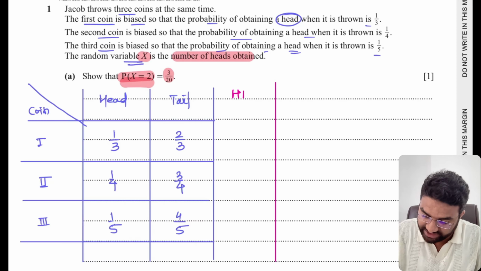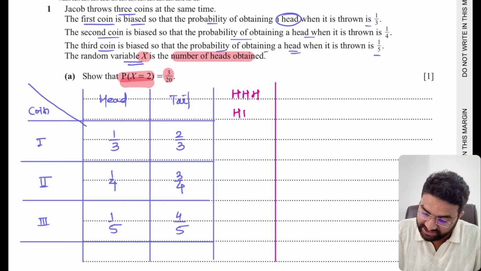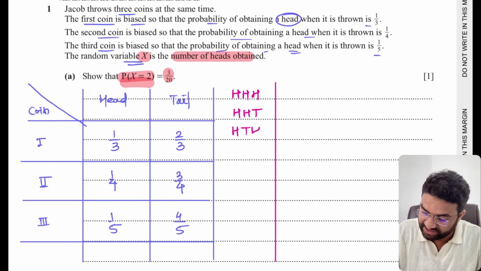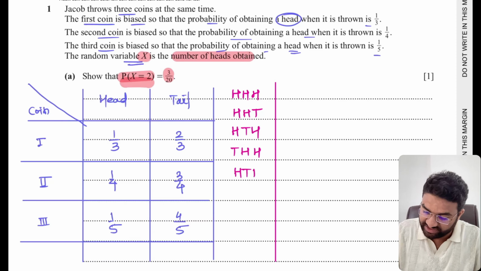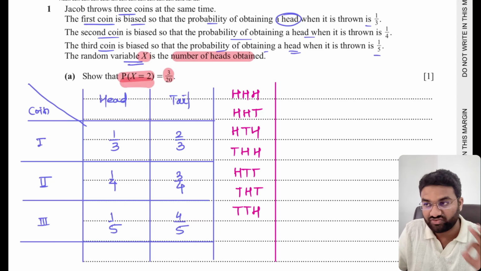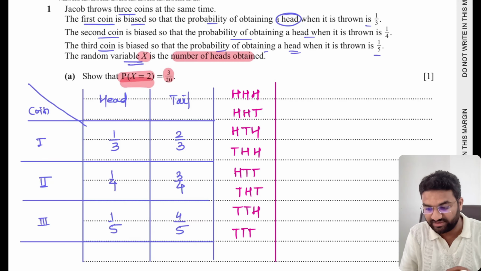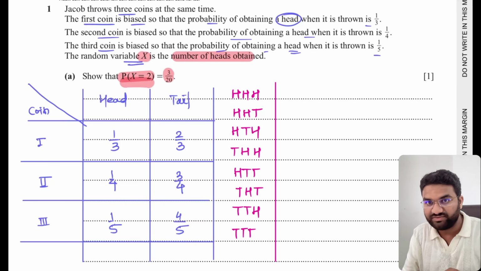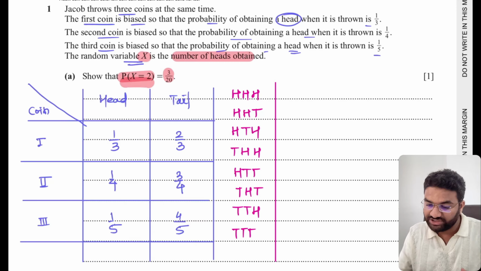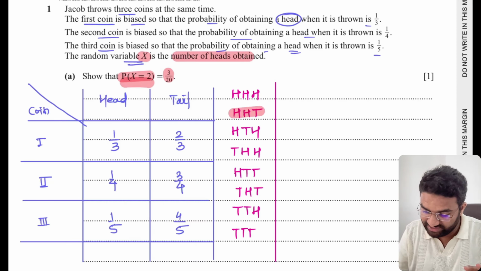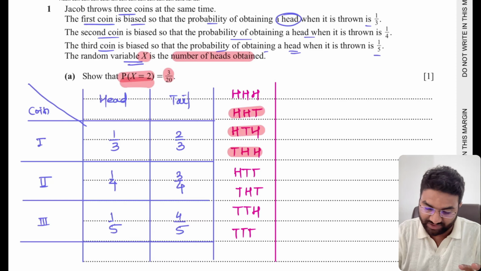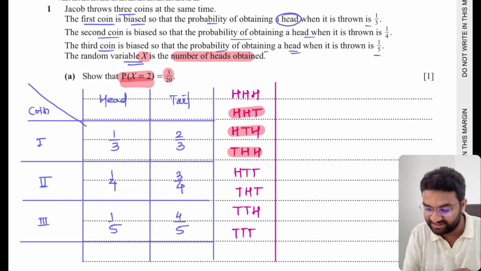Then head, head, tail; head, tail, head; tail, head, head. Then the cases with 2 tails, and then 3 tails, which means 0 heads. These are the 8 outcomes we will get. Now in which cases are we getting 2 heads? This is the first one, this is the second one, and this is the third one. In these 3 cases we are getting 2 heads.